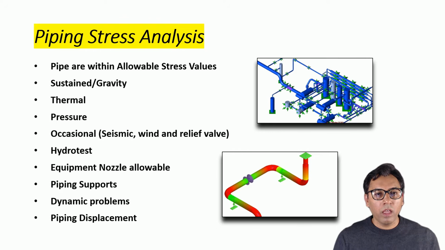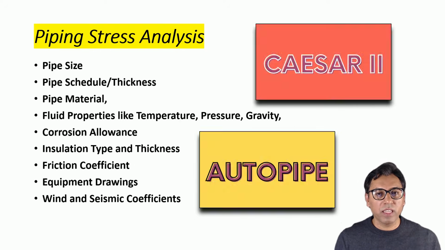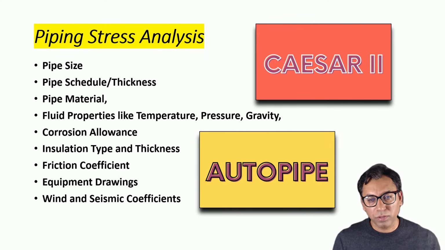Right. Let's talk about the typical inputs for piping stress analysis. The two main software packages commonly used in industry for stress analysis are Caesar and Autopipe. The main inputs required are pipe size, pipe thickness, and schedule.